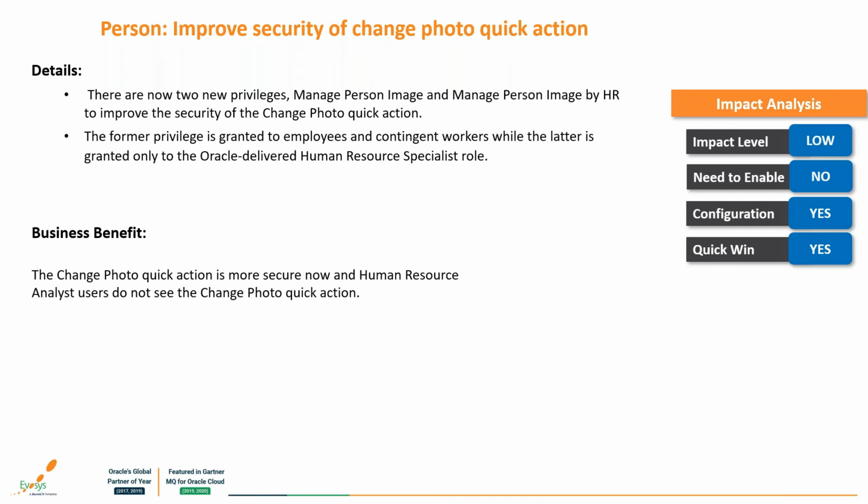If we see managed person image by HR, then only the human capital management can see it. But if we see managed person image, then only the employee will be able to take any actions on this photo option.